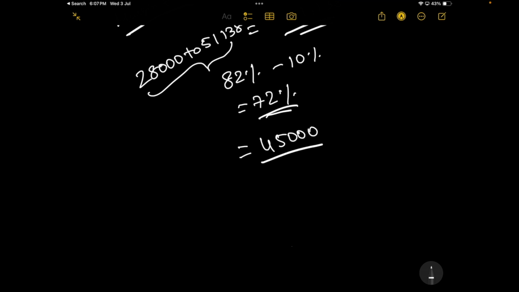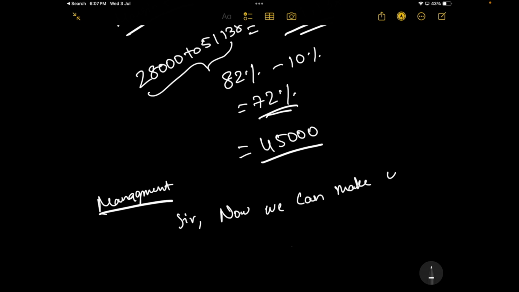Now here you need to tell your management. This is what an analyst does. Sir, now we can make 45,000 in sales this month, but this is our peak month, our season.